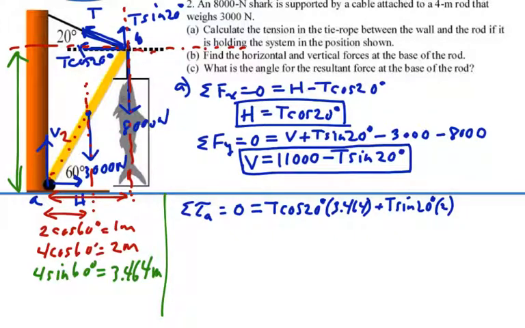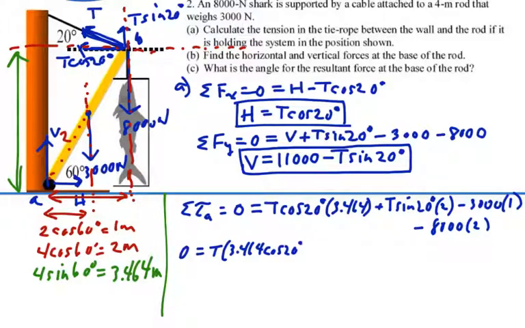We have the 3,000 newtons with a moment arm of 1, and we have the 8,000 newtons with a moment arm of 2. So we have that 0 is equal to T times 3.464 times the cosine of 20 plus 2 times the sine of 20, minus 3,000 minus 16,000, minus 19,000.